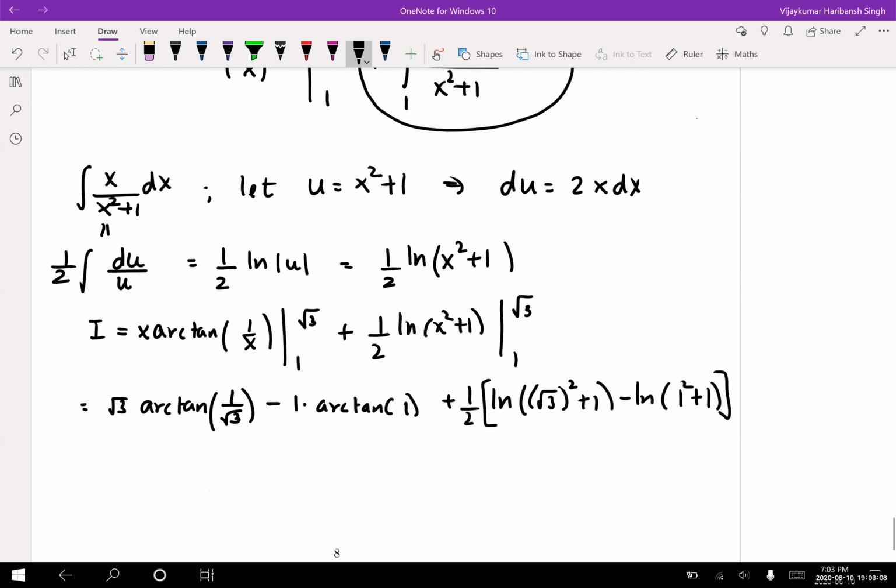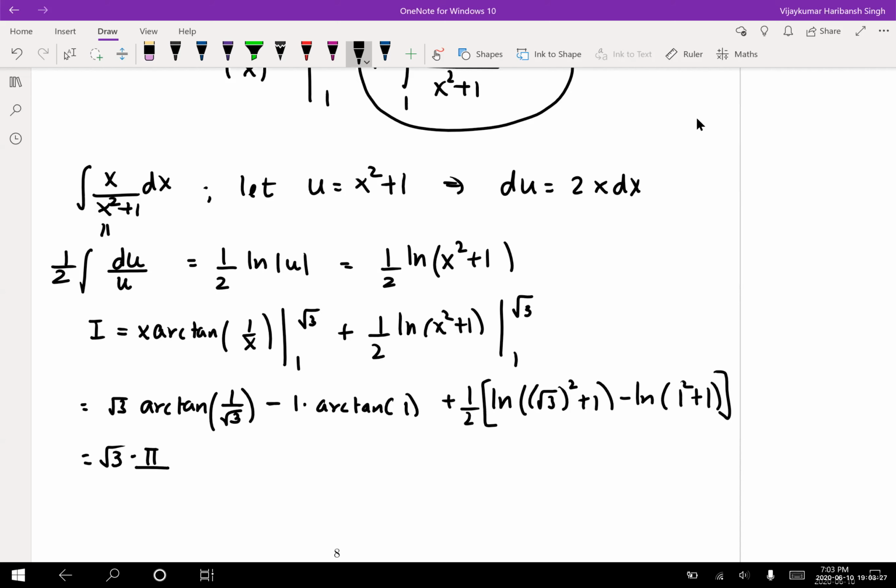Now let's simplify this a bit. So this is going to be root 3. Now what is arctan of 1 by root 3? That is going to be pi by 6.